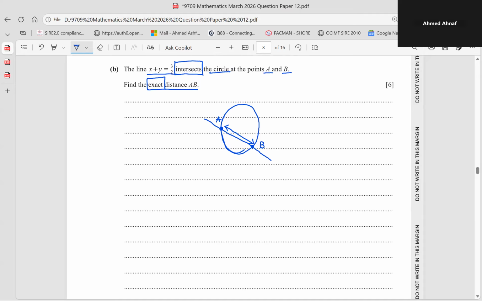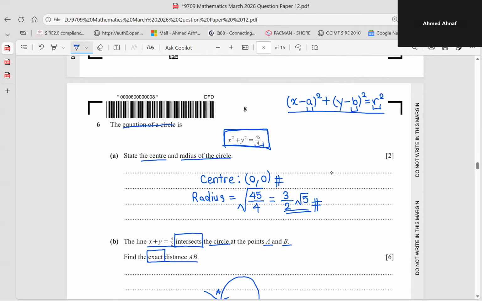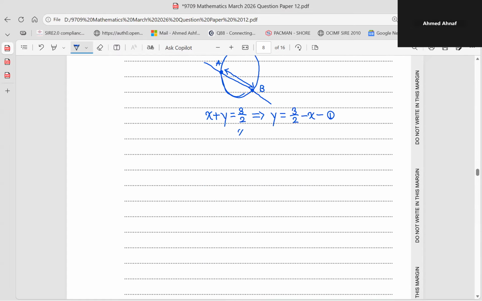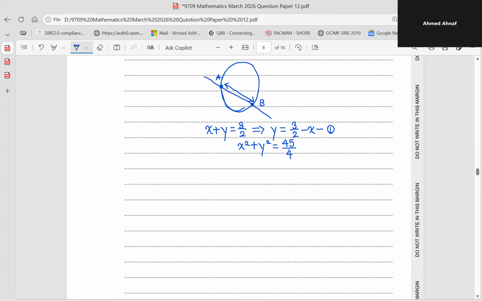Then we're going to use the distance formula to find the distance. Okay, let's start. x plus y equals 3/2. Let's make y the subject, so y equals 3/2 minus x. This is the first equation. And then the equation of the circle is x squared plus y squared equals 45/4. This is equation 2.